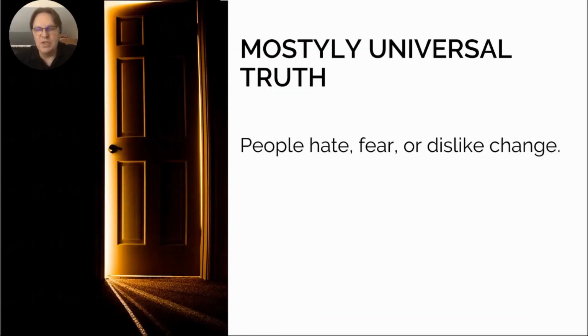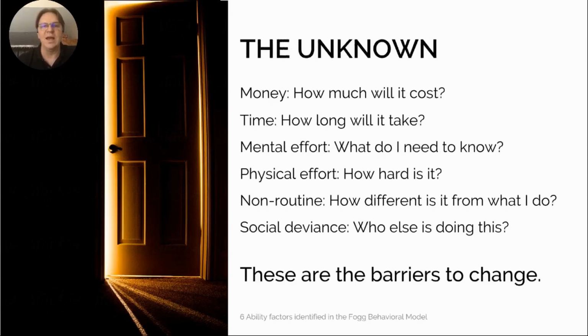So one of the problems with designing for change is that there's this other mostly universal truth about change, and that is that most people hate or fear or dislike change. One of the big reasons that they do, it boils down to uncertainty or the unknown. And what they're concerned with are these 6, what Professor B.J. Fogg from Stanford would refer to as the 6 ability factors.